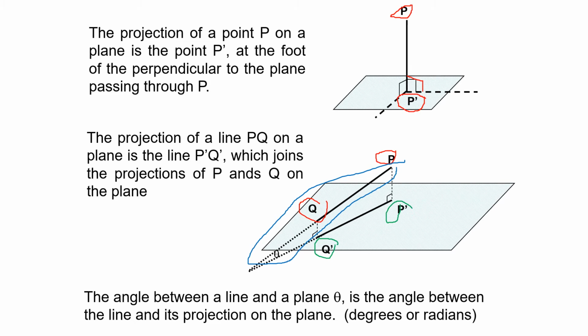All right, obviously the angle is theta, as shown here on the screen. So if you need to find an angle between the line and the plane, first you need to identify where P prime and Q prime are on the plane, and then you can calculate theta, which is the angle between the line and the plane at the bottom of P and Q.